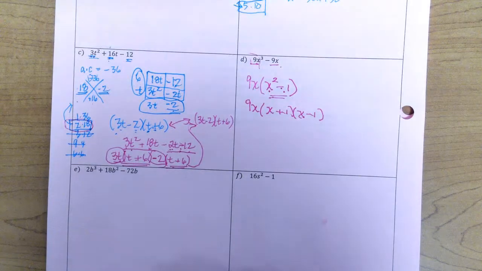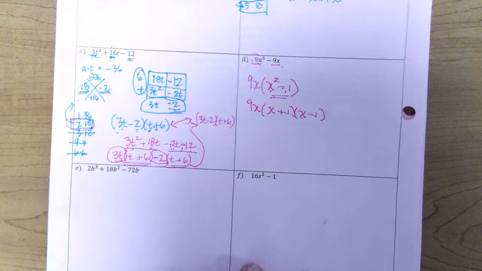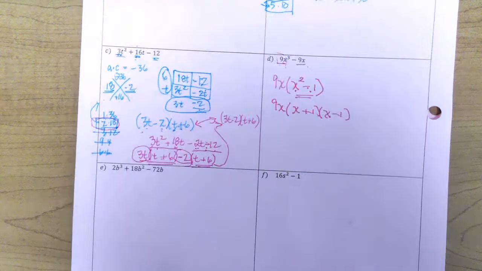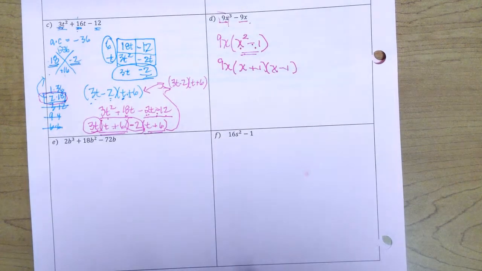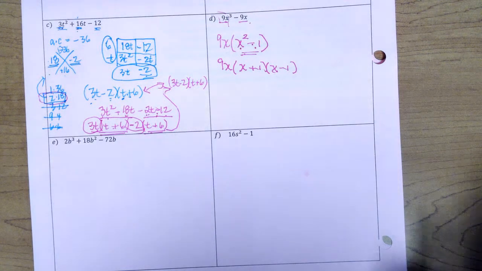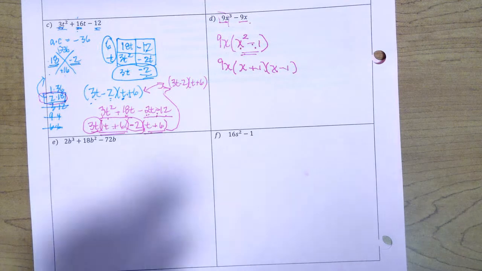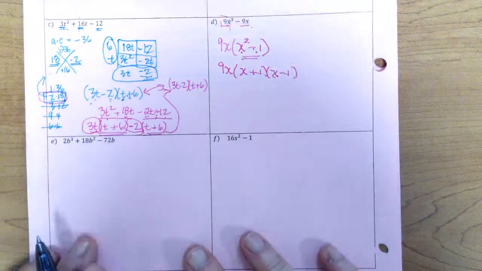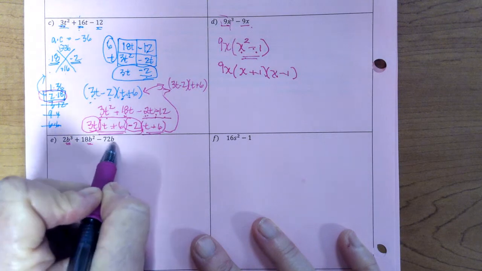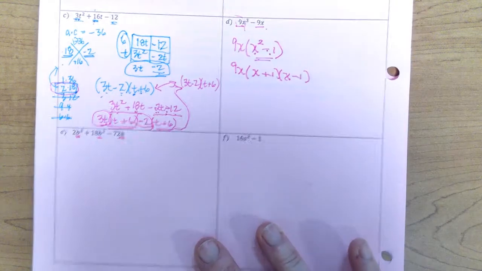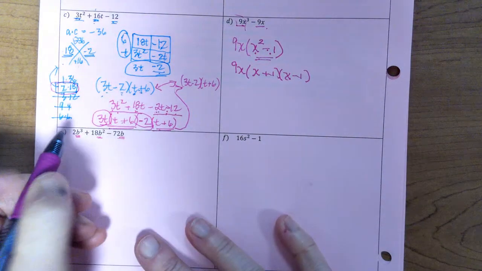Okay, moving on to the next, letter E. I've got 2b cubed plus 18b squared minus 72b. So I'm going to notice that what? I'm looking for b's. Ooh, I can pull out a b for sure. What else do I notice? I can pull out a 2.